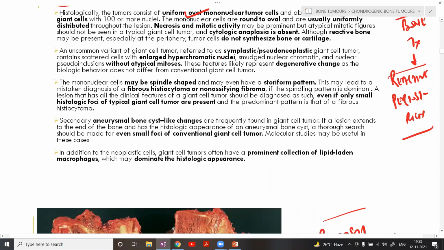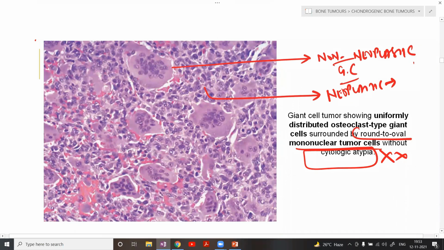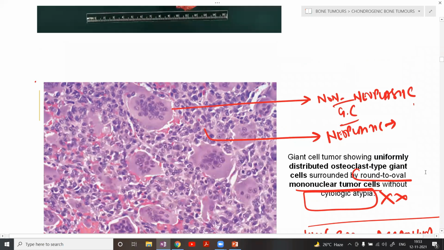The arrangement of these tumor cells is uniform. Uniformity is very important. There is uniform distribution of giant cells as well.